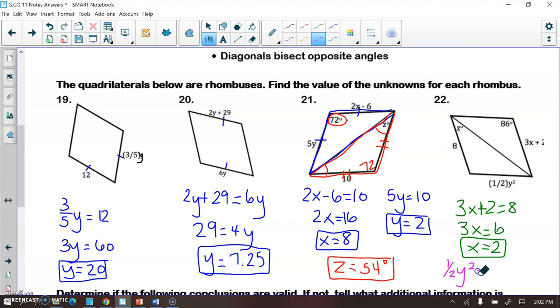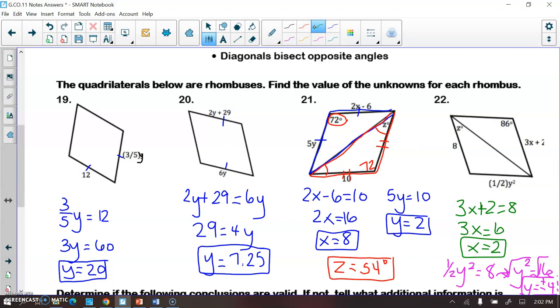I can set that equal to 8. Multiplying by 2 on both sides, I get y squared is equal to 16. And taking the square root of both sides, be careful here: when we're taking the square root of something, it can be positive or negative 4, and both of these answers work in terms of this situation.